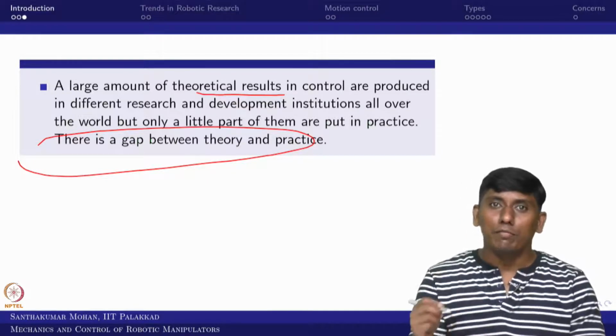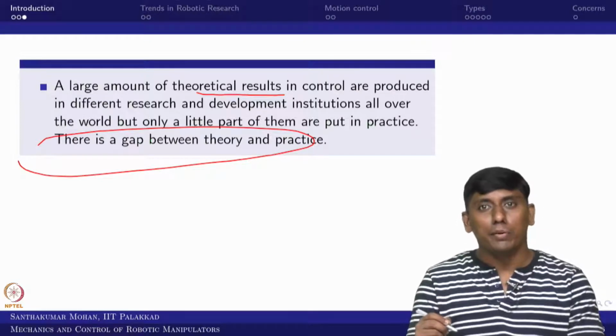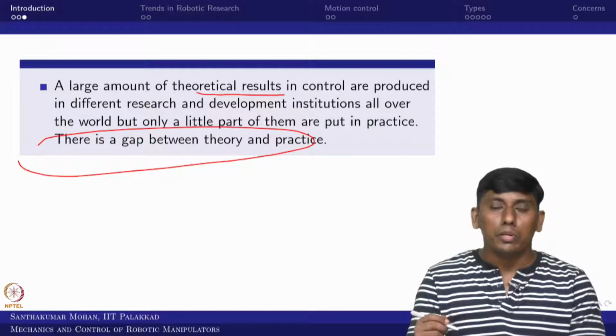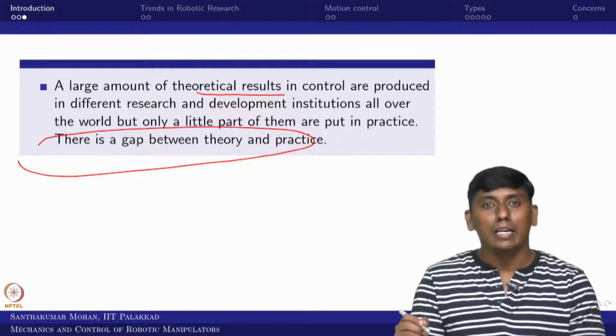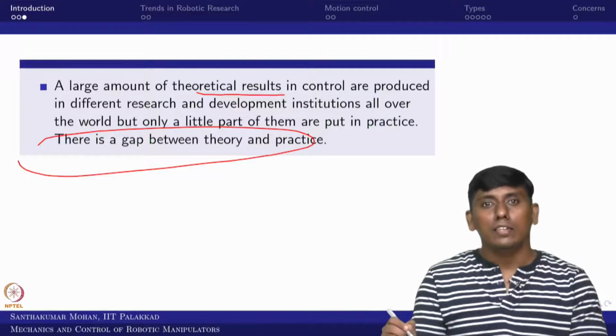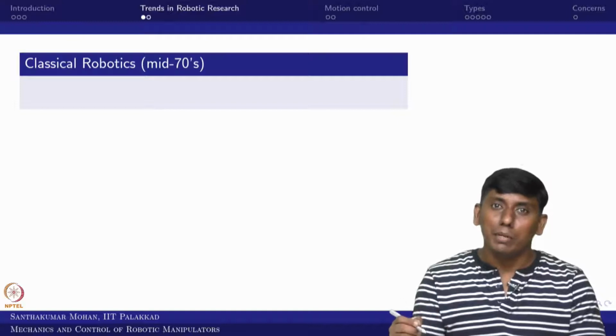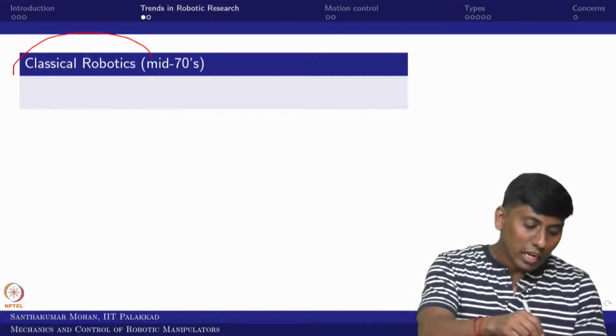First of all, we have to see how the trends were in the control aspect of robotic systems. Robotic systems started probably in the early 60s and 70s, started getting some shape, and in the 80s they matured. In the mid 70s, what people did we call classical robotics.